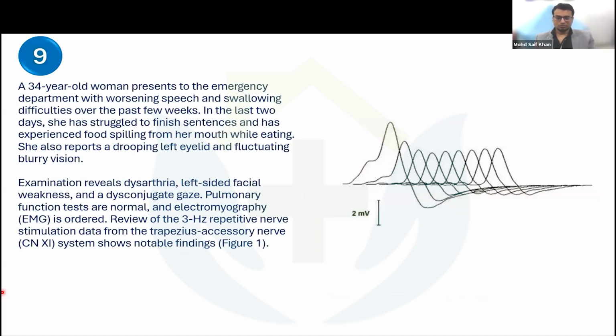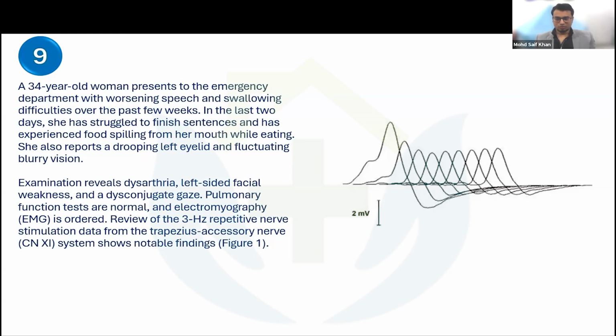Okay, this is another question, from the neuromuscular part of neurology. Here the patient came with weakness, drooping of the left eyelid, fluctuating blurring of vision, dysarthria, left-sided facial weakness, dysconjugate gaze.